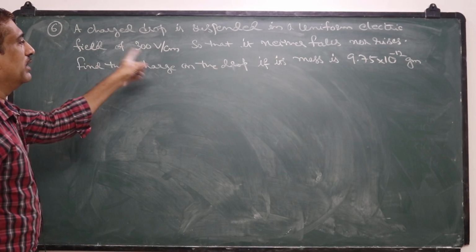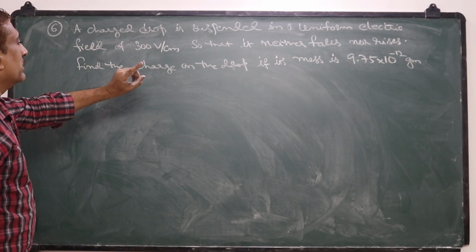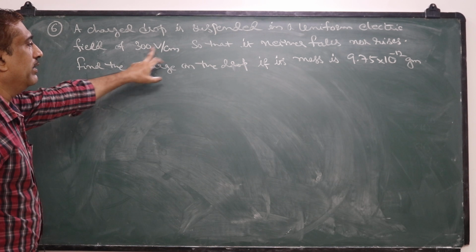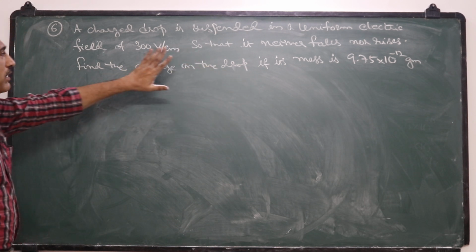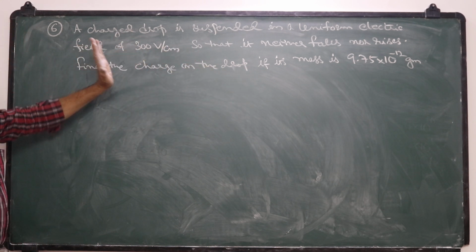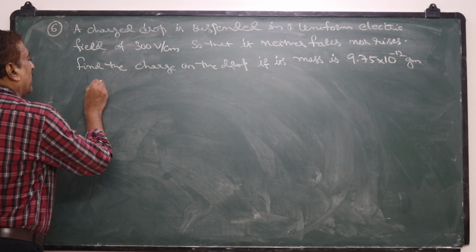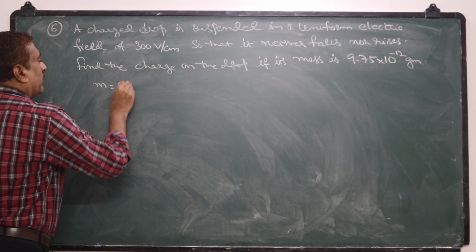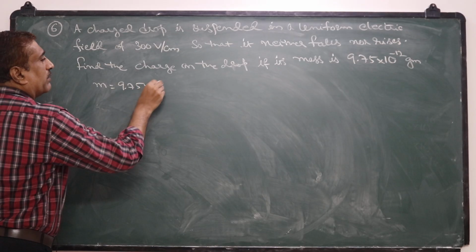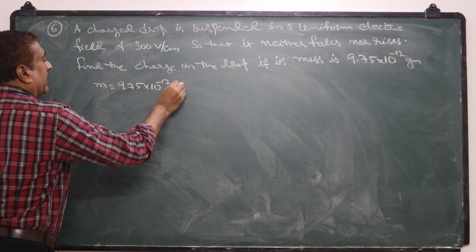So, in this problem, the given is strength of the electric field and mass of the drop, that is charged oil drop. So, given the mass of the drop is 9.75 10 power minus 12, that is gram.